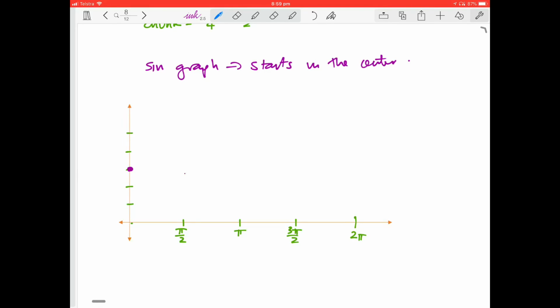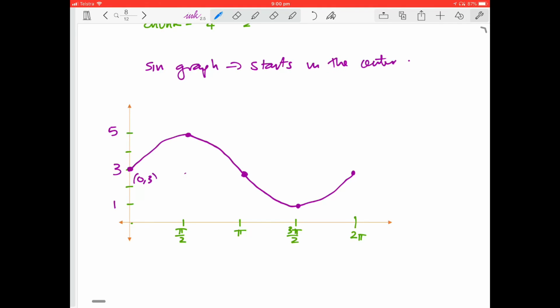So after a chunk, pi on 2, we've got to go up to our maximum value, which is 5. Then after another chunk, we go down to the center, which is 3. After another chunk, we go down to 1. And after another chunk, we go up. So there's our sine graph.